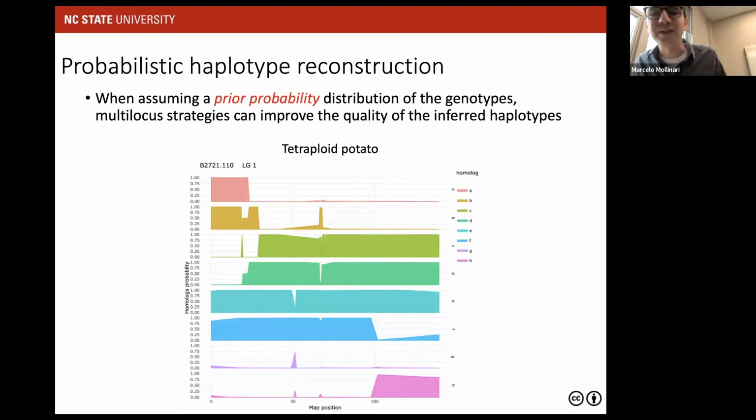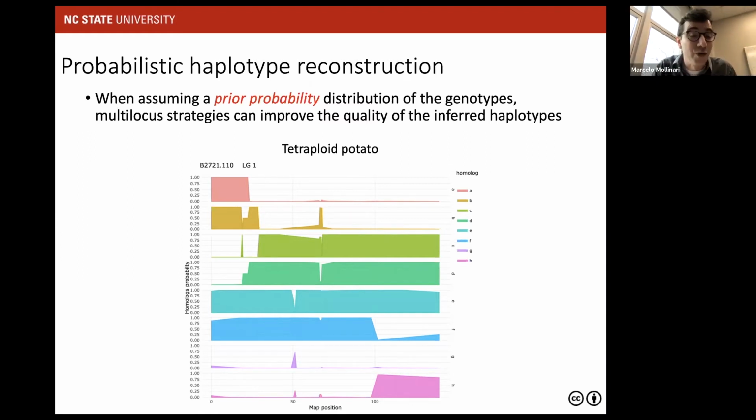But the most important thing is to reconstruct the haplotypes in the offspring. Why? Because we want to associate these haplotypes with phenotypes, right? And of course, in the diploids, if you have such a dense genome and you have such beautiful reconstructed maps, you can trust this in your data set, right?